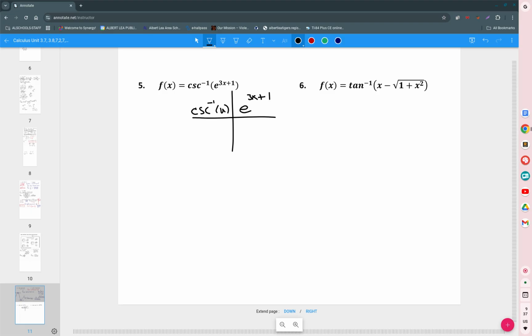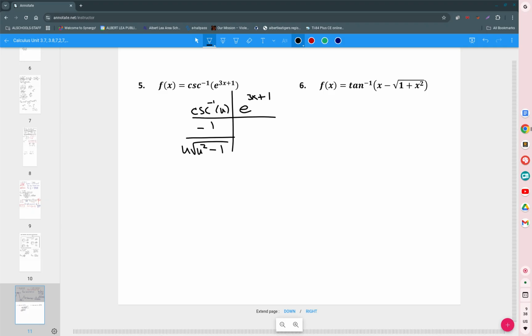What is the derivative of arc cosecant? Negative 1 over u times the root of u squared minus 1.